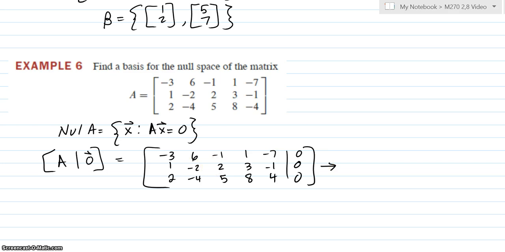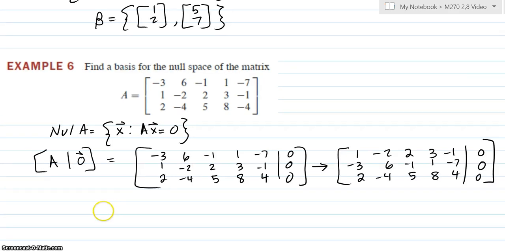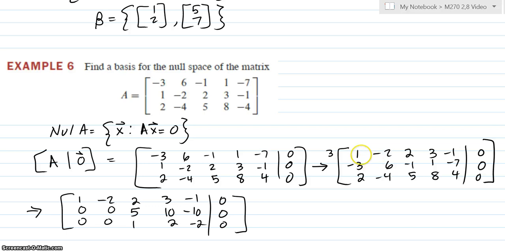I'm going to switch the second and first row. Now I'm going to get my zeros underneath my first pivot. Multiplying the first row by 3 and adding to the second, we get the 0. We get another 0. We get the 5. 9 plus 1 is 10. Negative 3 plus negative 7 is another negative 10.